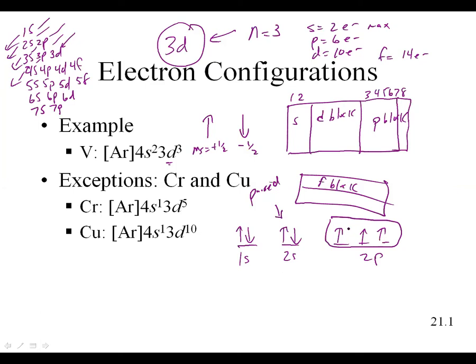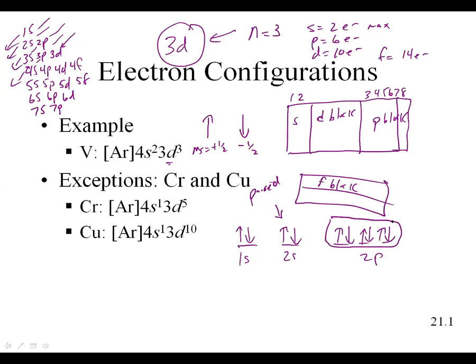If everybody's paired up, that's what's sometimes referred to as diamagnetic. Basically, all the spins cancel each other out, all the positive halves and negative halves. And it does have some effects on some of the properties of elements, depending on whether or not they're paired off.